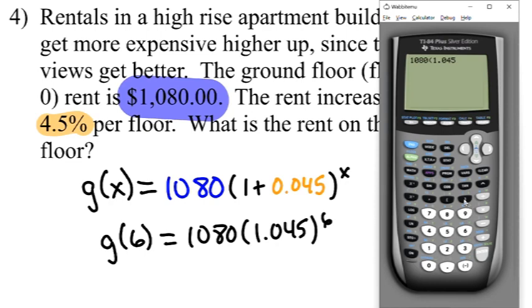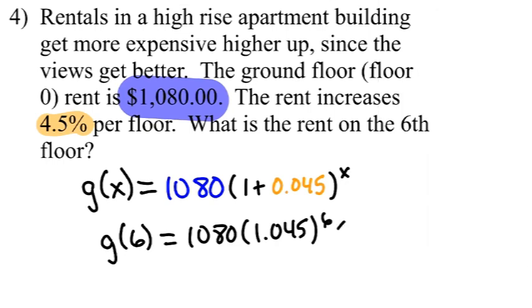When I push shift, it messes things up to the power 6. And that will give us about $1,406.44. All right. So this is approximately $1,406.44.